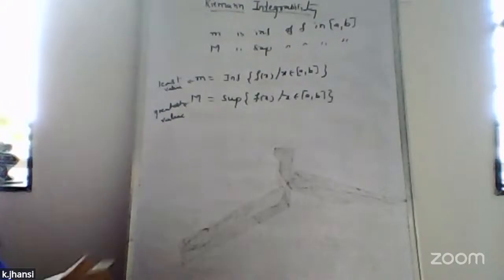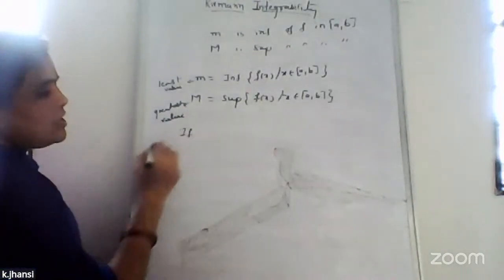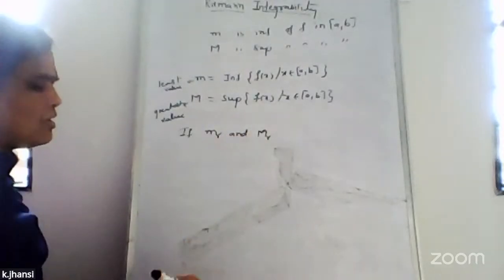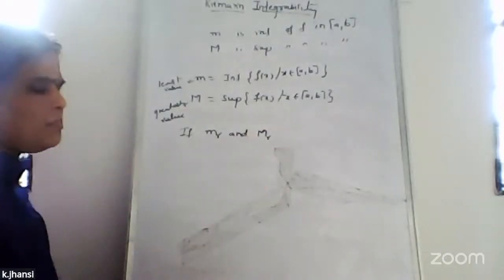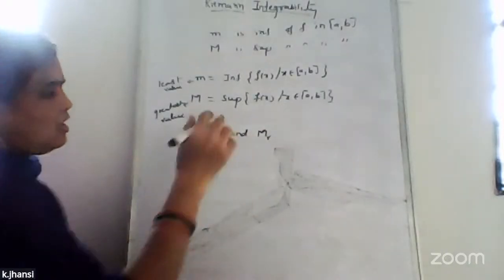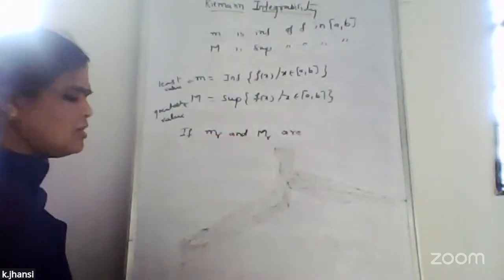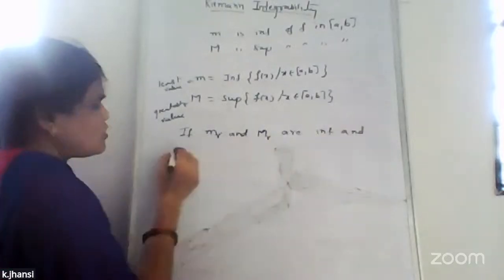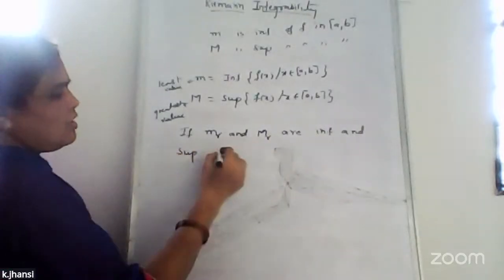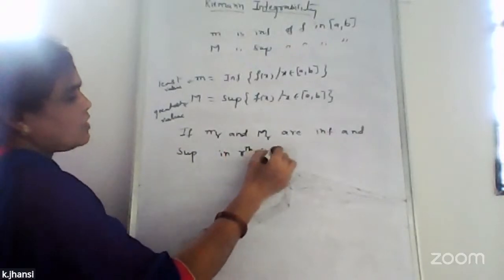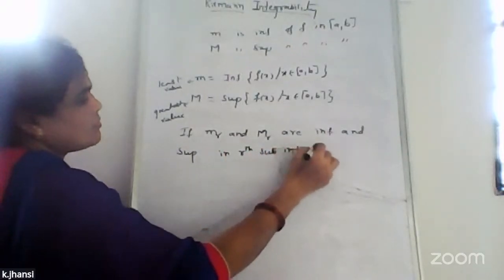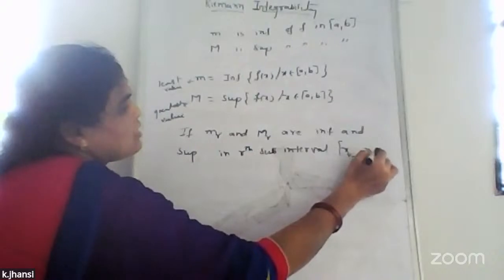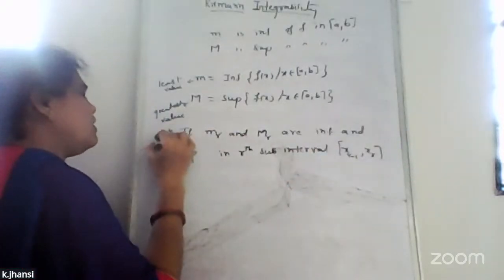And this representation will also be there. If small m_r and capital M_r are the infimum and supremum in the rth subinterval, that is [x_(r-1), x_r], this is very important.